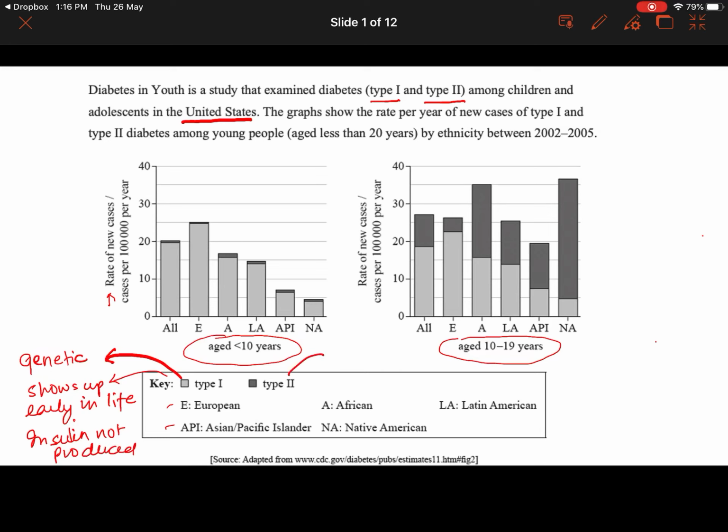While type 2 diabetes is generally not genetic, it develops over time. You can connect it with obesity, fat metabolism and so on, and in this case the body has insulin resistance. This means the body is producing insulin, but it is resistant to the function of insulin. So this is the general information we have from the question and the theory so far.